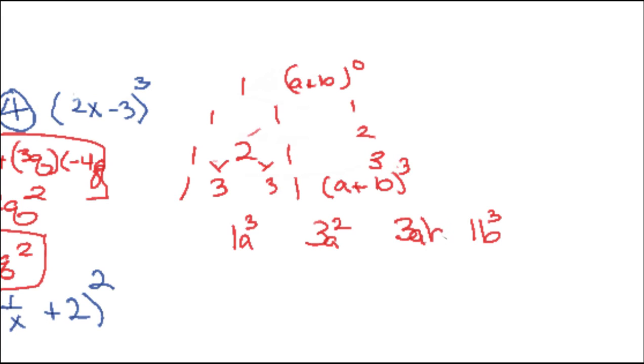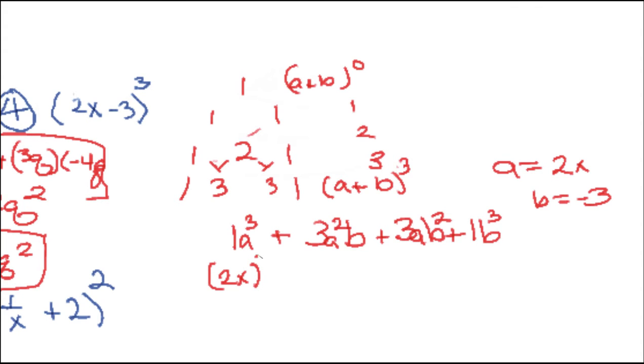You work your way down with those, so there are no b's left. And then your a is 2x, and your b is -3. So everywhere I see an a, I'm putting a 2x.